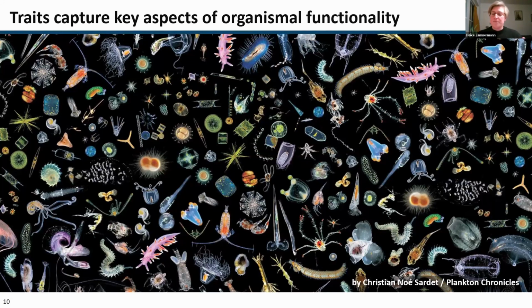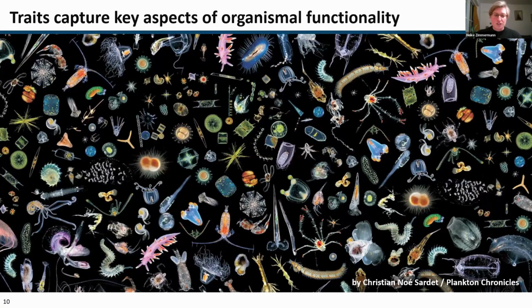We see some species here that are phototrophic, some of them are heterotrophic or parasitic. So it is really hard to just take one group and say this is phytoplankton, and the other group is zooplankton. It just doesn't capture all the variability in there.